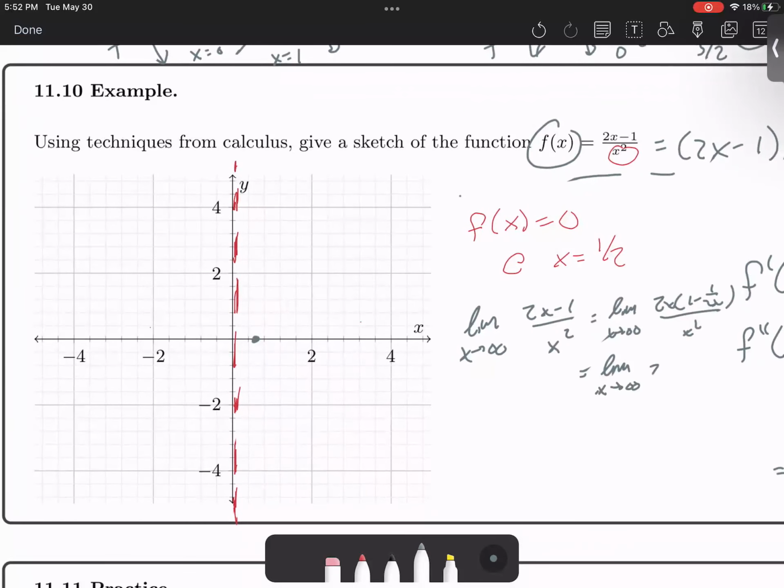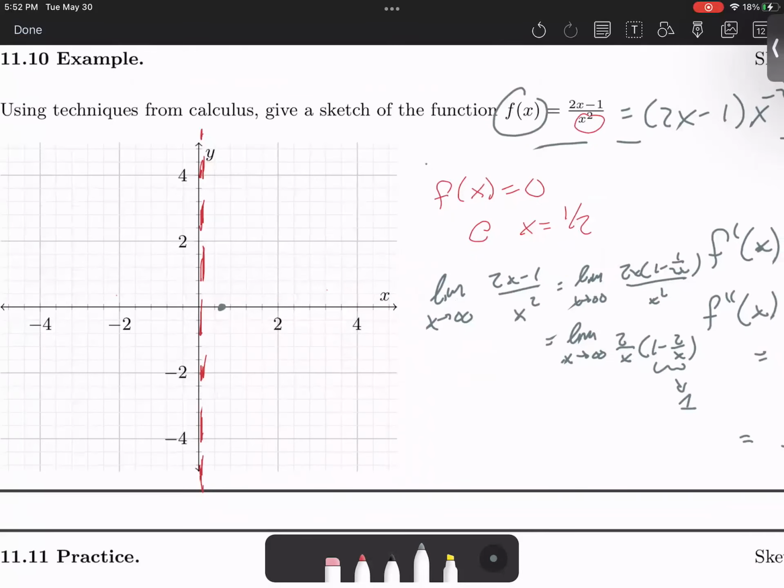And we're left with a 2 over x times 1 minus 2 over x. This approaches the value of 1, so it's bounded. What's happening to that function? It's positive for positive x values, and it shrinks down to 0. Right, so we know we do something like this. We get closer and closer to the x-axis, but positively.